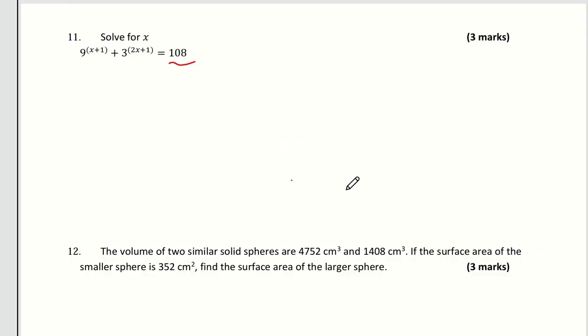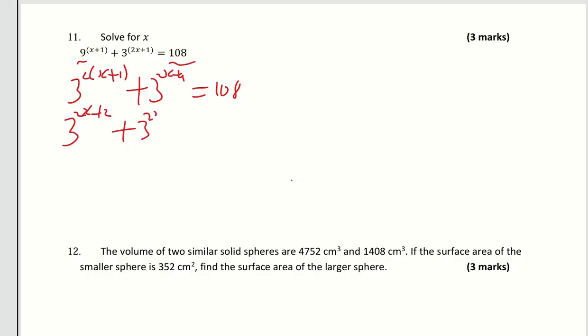So this is what you do: simply express 9 as a base of 3, so it will be 3 power 2 into x plus 1, plus 3 power 2x plus 1, equal to 108. Therefore, open the bracket, this is the same as 3 power 2x plus 2, 2 times 1 gives you 2, plus 3 power 2x plus 1 equal to 108.